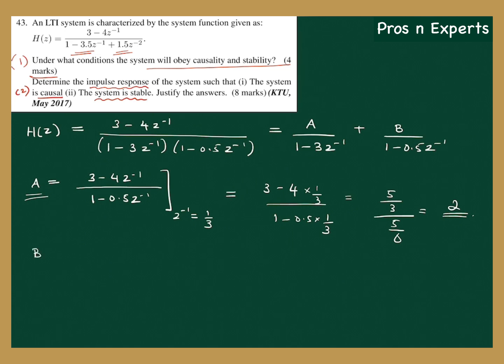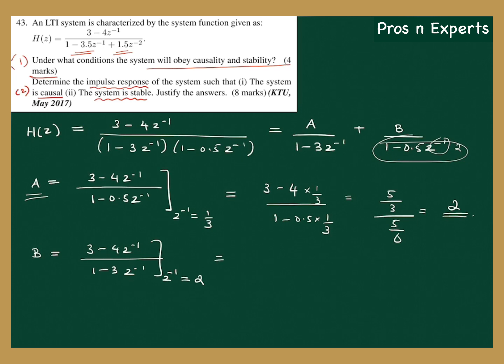Similarly, what is B? B is equal to (3 minus 4z^-1) divided by (1 minus 3z^-1), provided z^-1 is equal to, what should be the value of z^-1? It should be equal to 2. Putting 2 here will make this denominator 0.